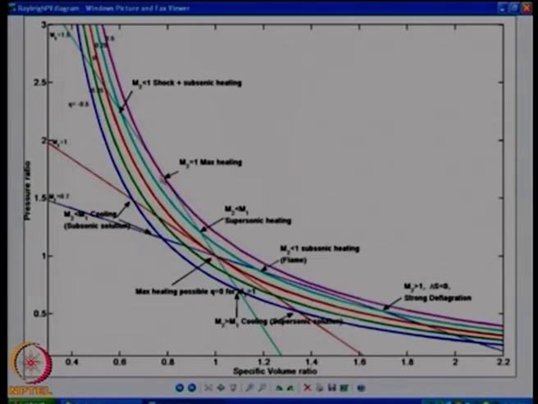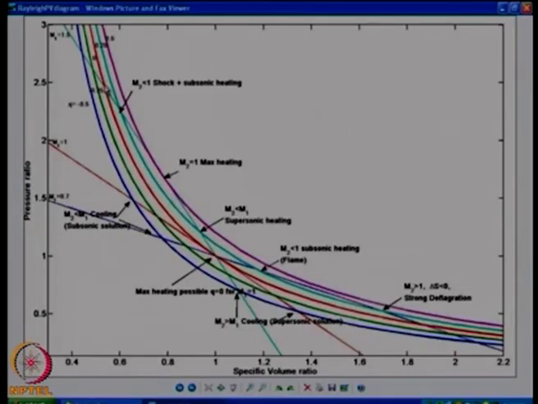Or I can have another solution out there, which is again, this is the condition that corresponds to your shock, okay, normal shock. If you think about it, that point happens to be your normal shock solution, no heat added, there is just a sudden jump in solution.